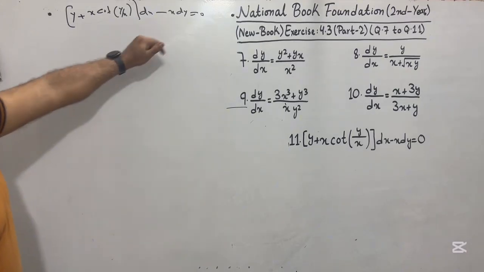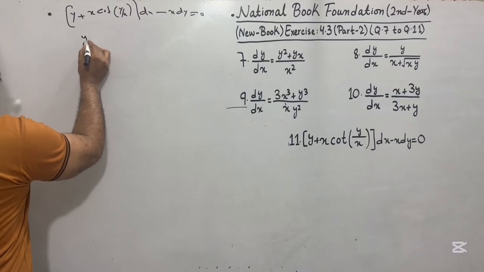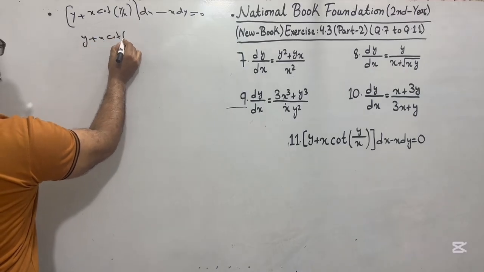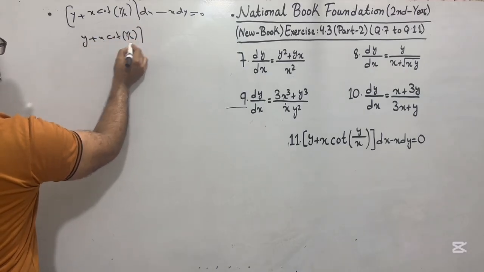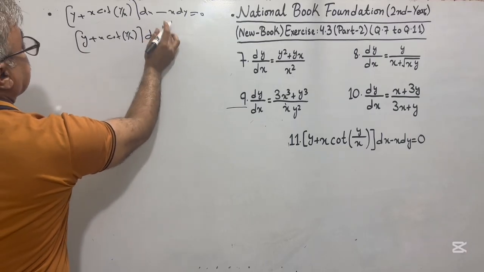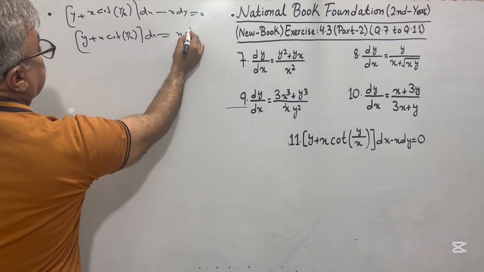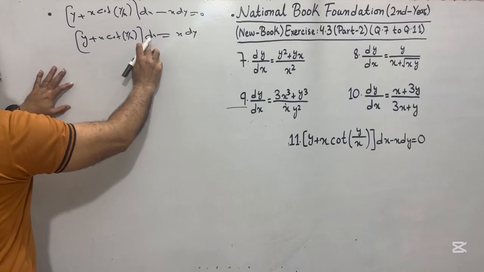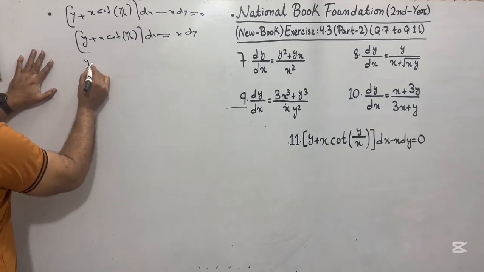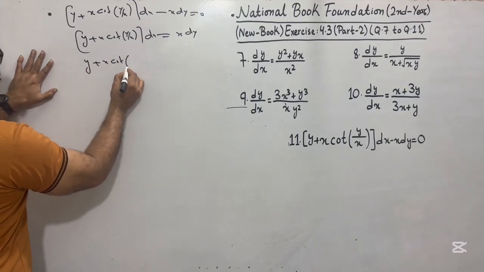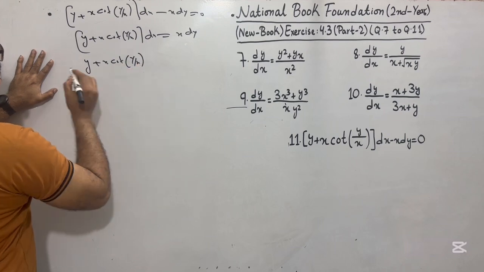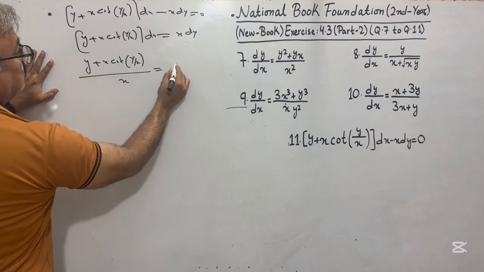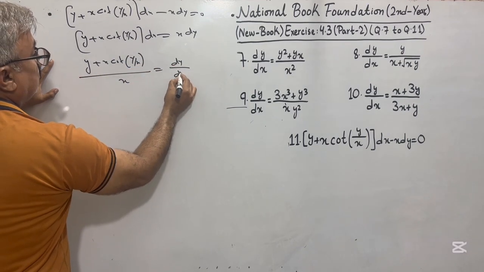Okay, find the ratio dy over dx. Shift x dy to the right hand side, it will become positive. Shift dx here, x here. (y plus x cot(y over x)) divided by x is equal to dy over dx.